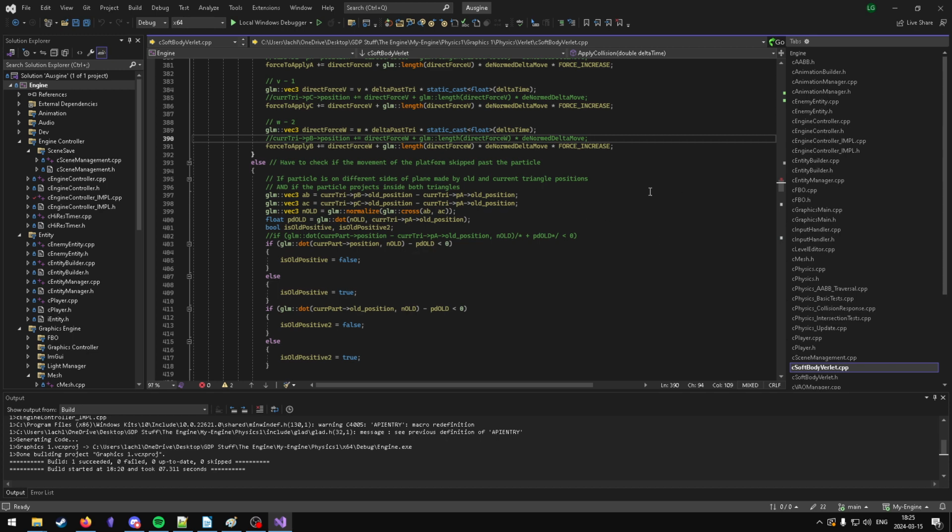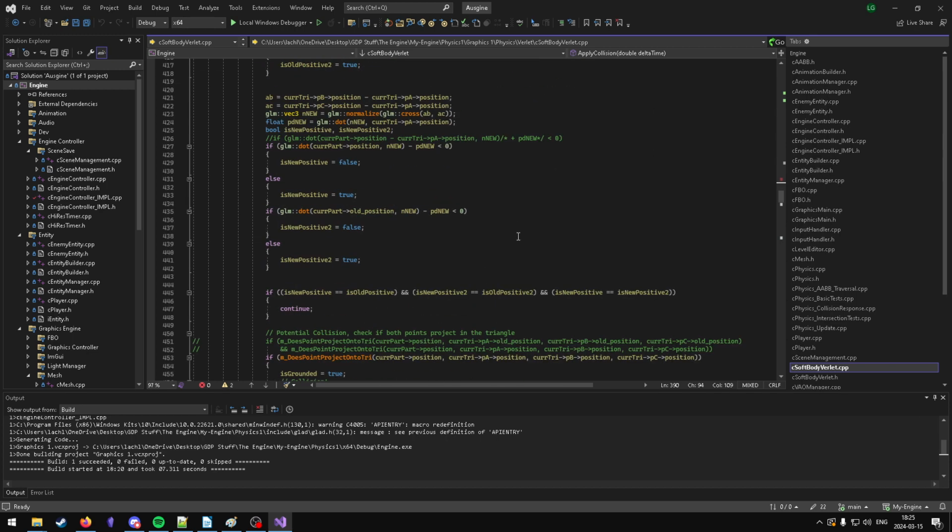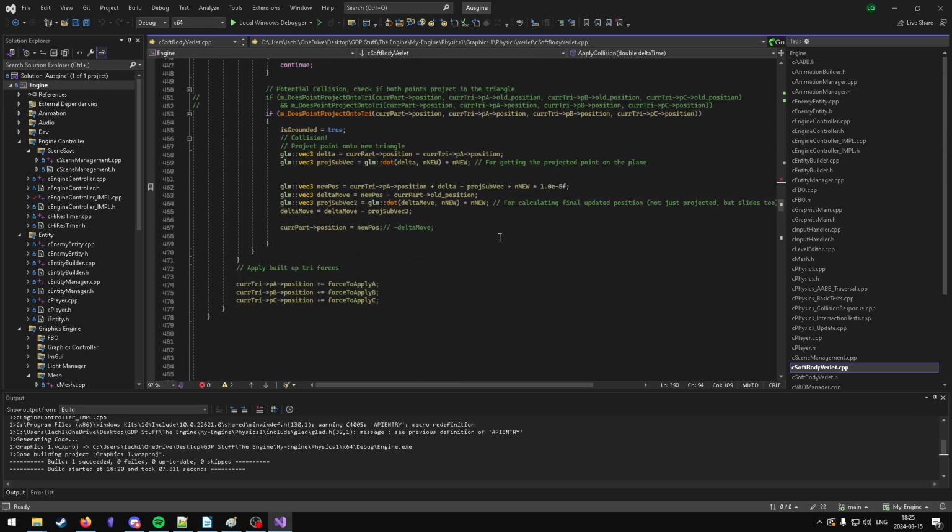For the old position of the particle, I check the old and new positions of the triangle, and if it's on the same side of both, it's fine, there's no collision. If it's on opposite sides, I can tell that the triangle passed by the particle and I can take relevant measures. Those measures aren't very proper.